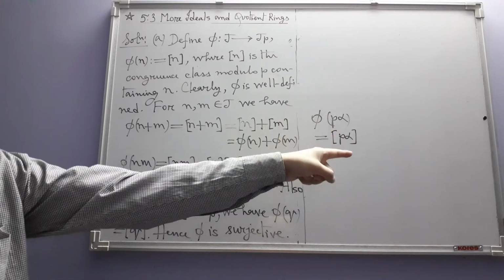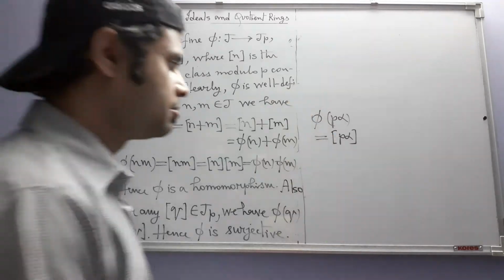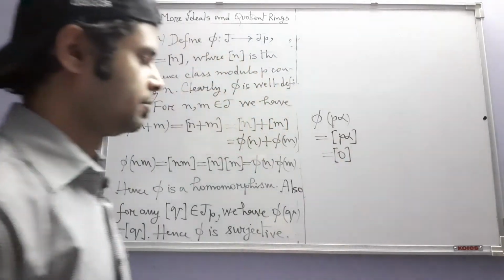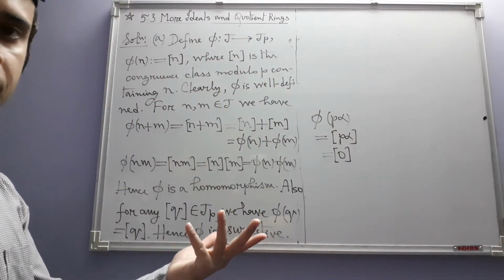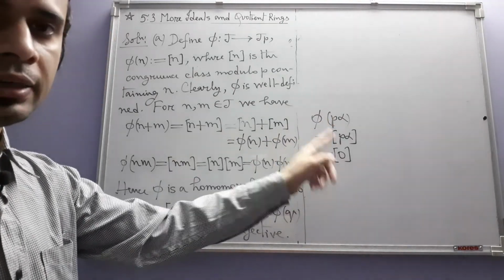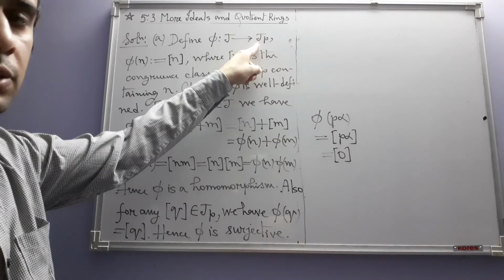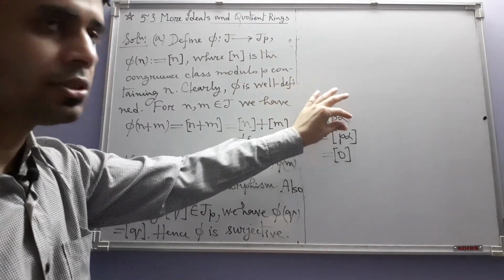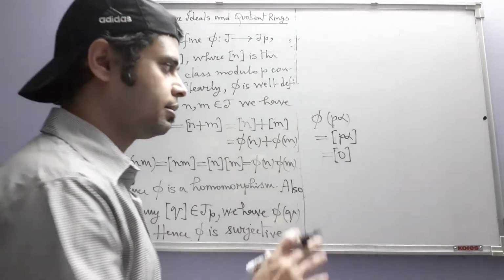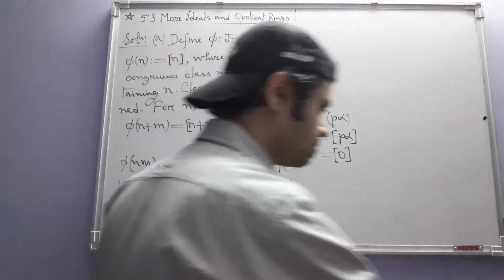But since p alpha is divisible by p, this is nothing but 0. So any multiple of p, its phi image is the additive identity in J_p. So all the multiples of p belong to the kernel of phi, and I am just going to mention this.